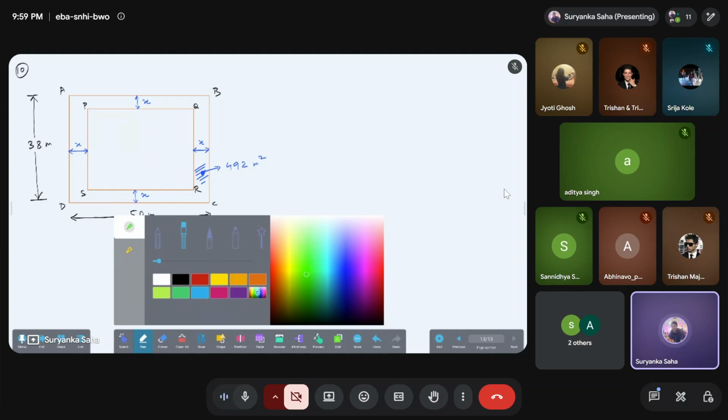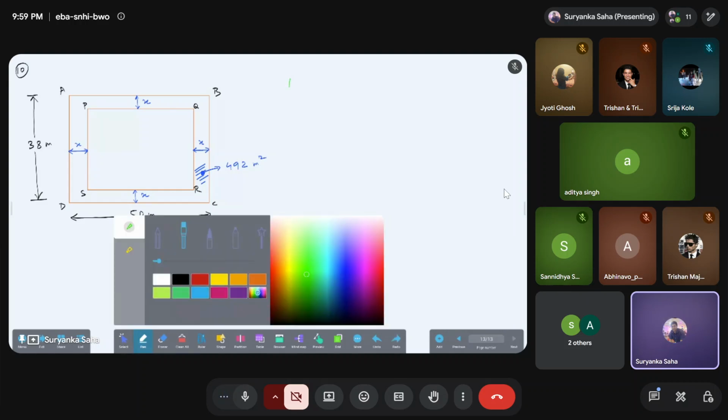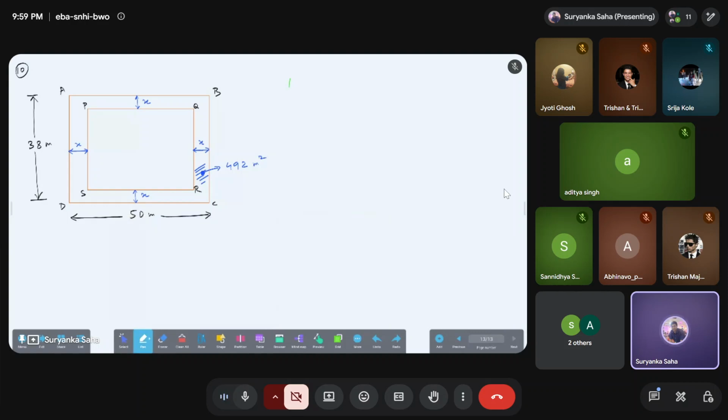Now listen, the main thing is that the path area will be equal to the area of the big rectangle ABCD minus the area of the small rectangle PQRS.